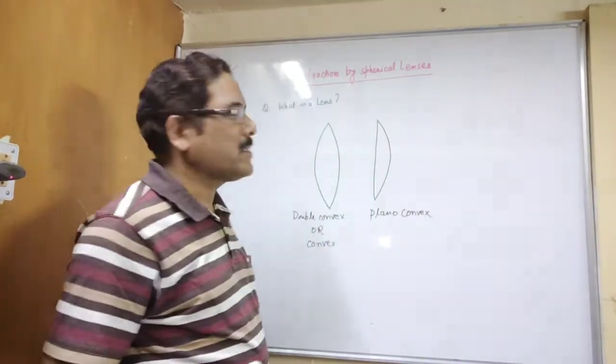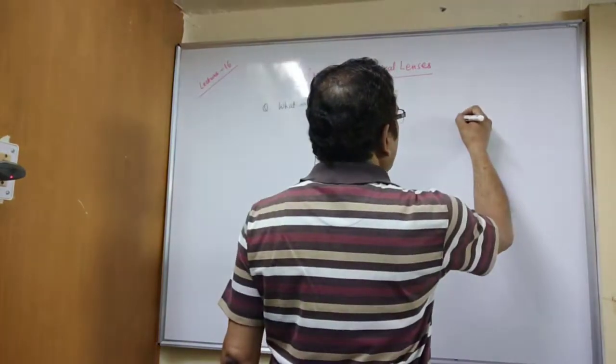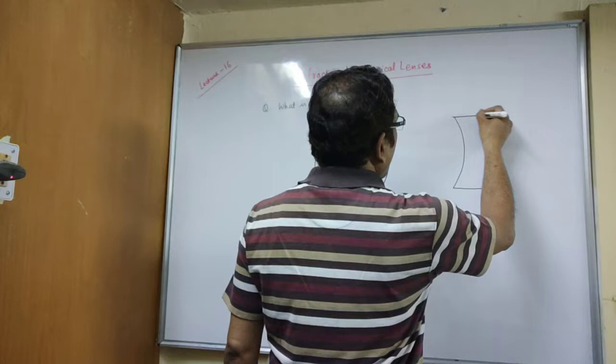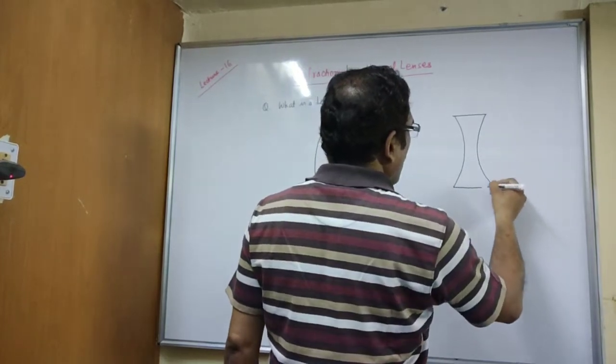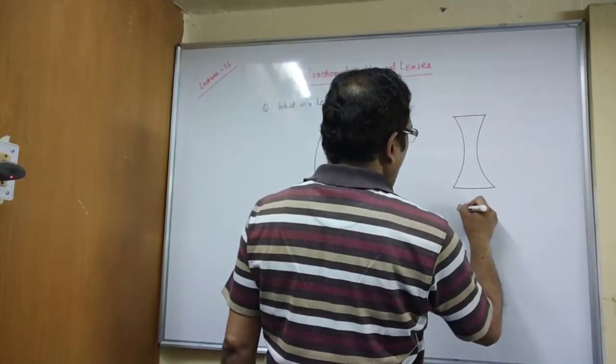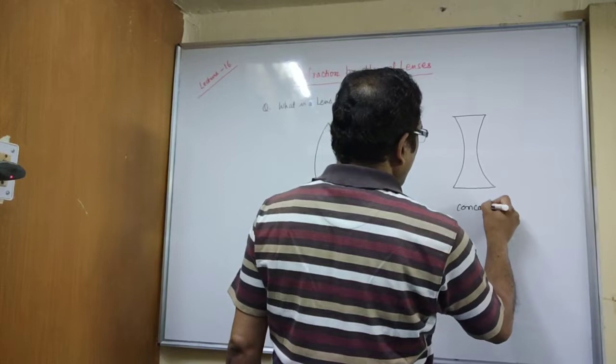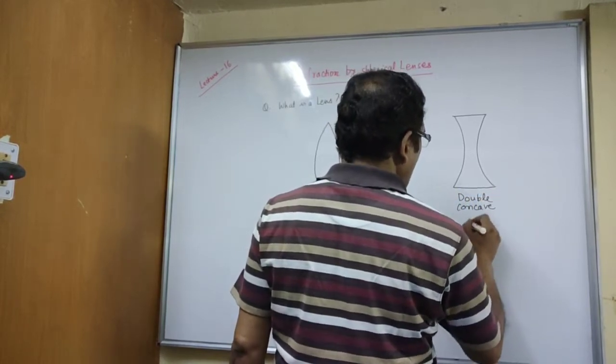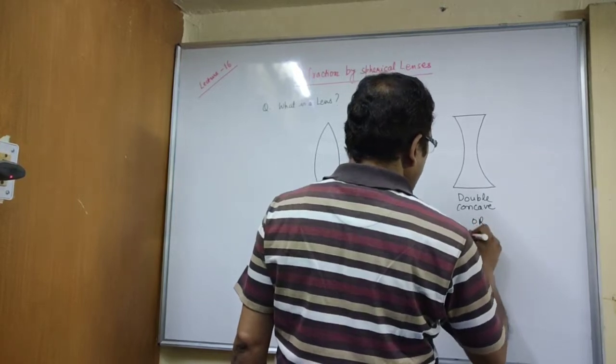Now the surfaces are like this also. So this is concave, or you can say double concave or simply concave lens.